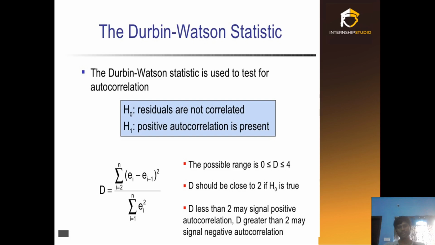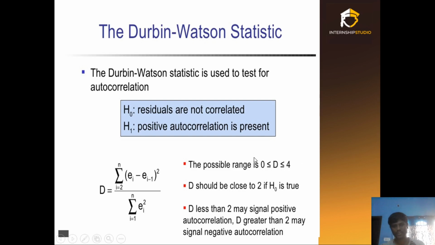So now we are going to do the statistical test. We already saw different tests, like the T test, the F test, and the chi-square test, so we have an idea of how to do this sort of statistical test. For this test, the possible range is 0 less than or equal to d less than or equal to 4.